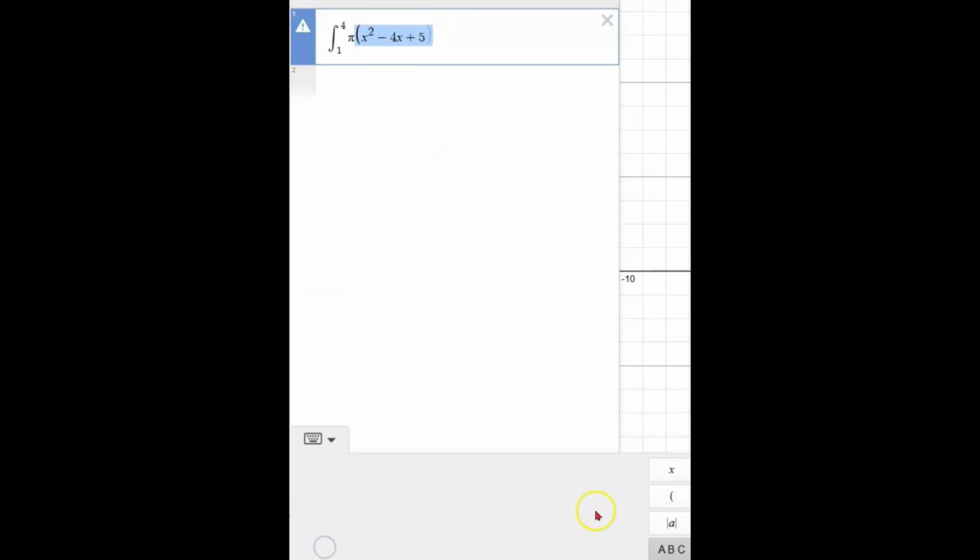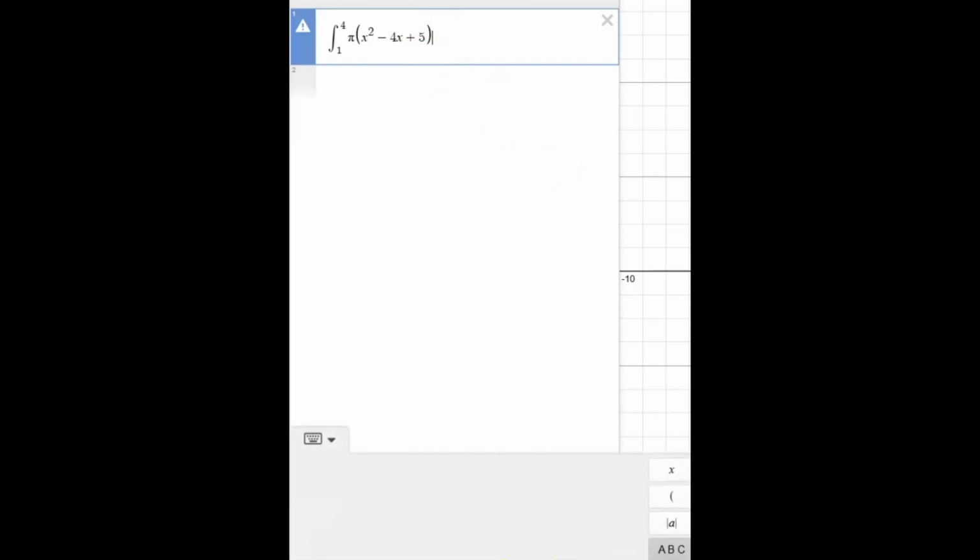So I'll just ask Desmos to find that integral for me from 1 to 4 of pi times x squared minus 4x plus 5, and we have to square that whole thing. Nope, not like that.